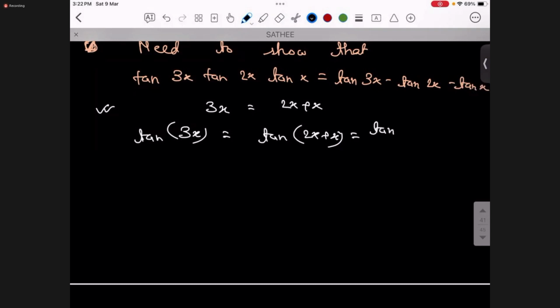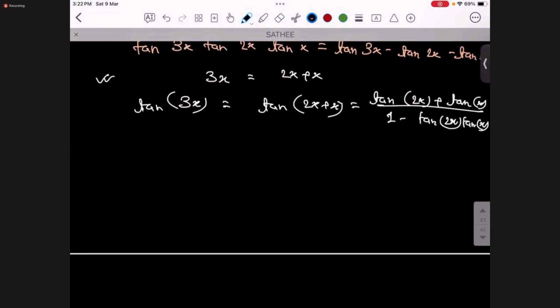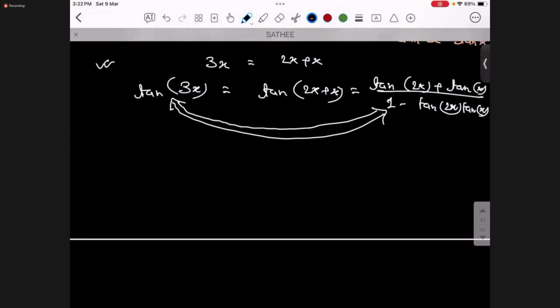That will give us tan 2x plus tan x, divided by 1 minus tan 2x tan x. Perfect. Now just use this equality. These two are equal from the deduction. Is this clear?